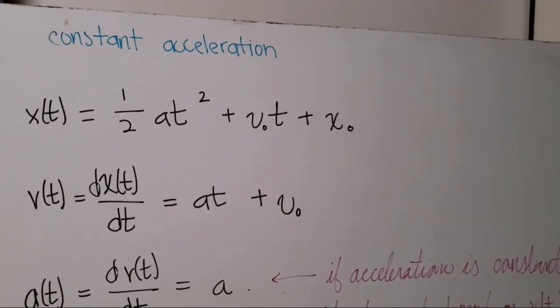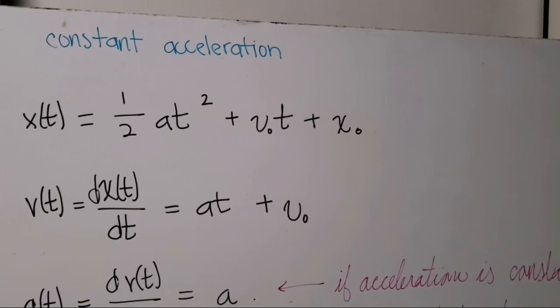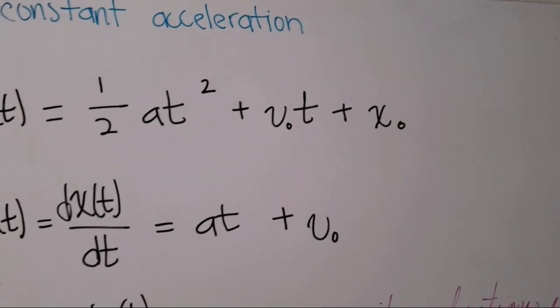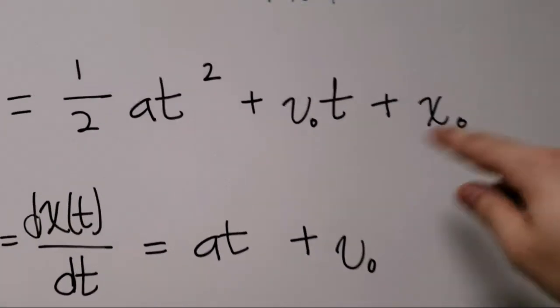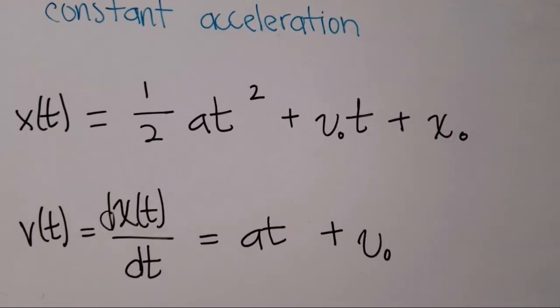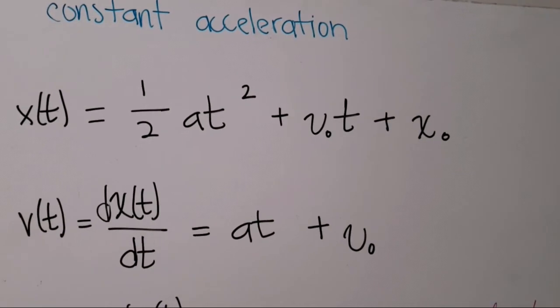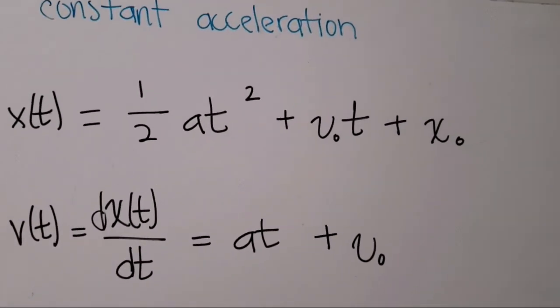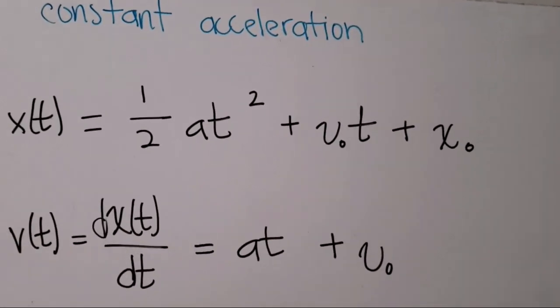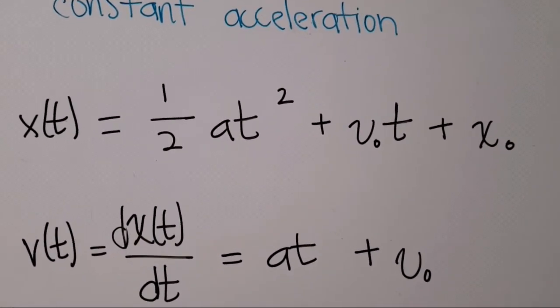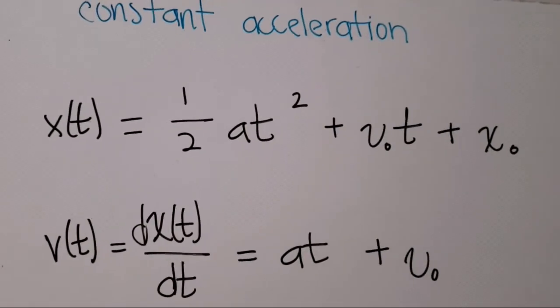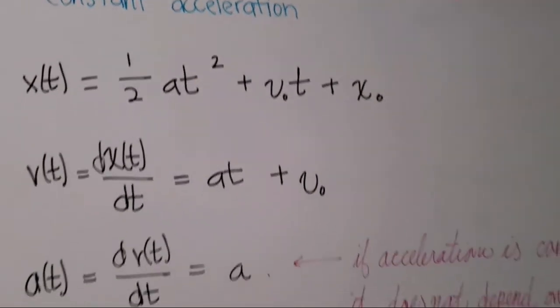So if you are starting at, let's take notice of this, if you're starting at position 0, this initial position just goes away and you can cancel that x right out of there, leaving you with only 2 terms being added in the equation. If your initial velocity is 0, in other words, if you're starting from rest, then the formula just simply becomes 1/2 at squared.